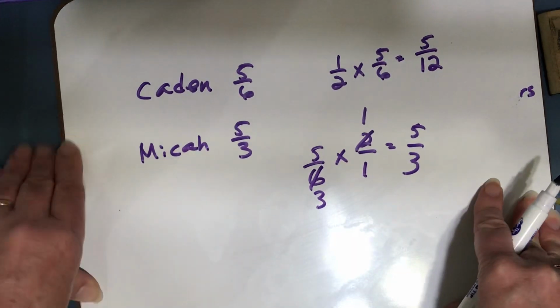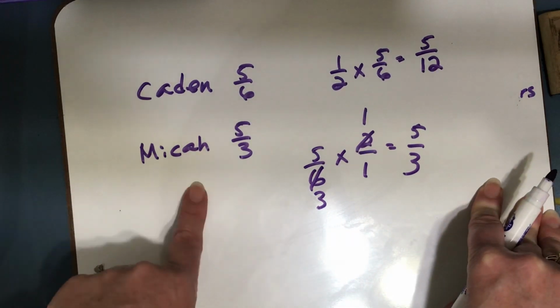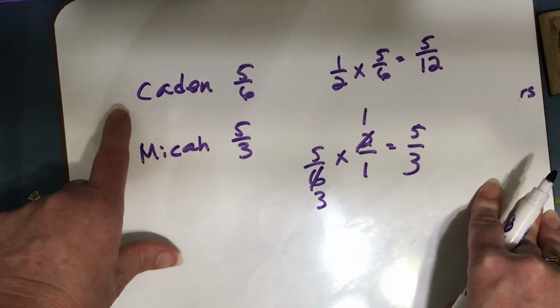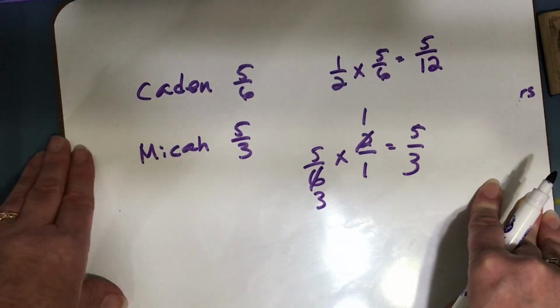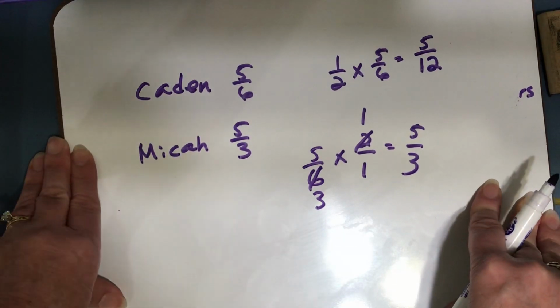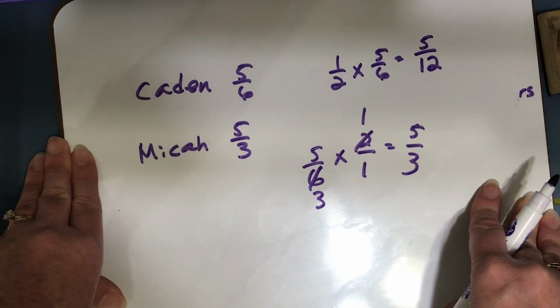So actually, Micah works twice as long as Caden, not half as long. So the answer to that is no. Micah does not spend half as much time practicing as Caden. He spends twice as much time practicing as Caden.